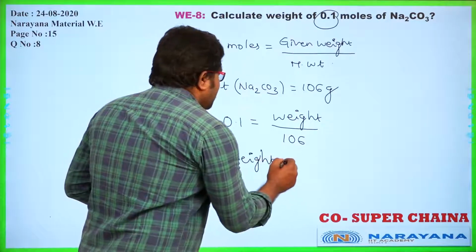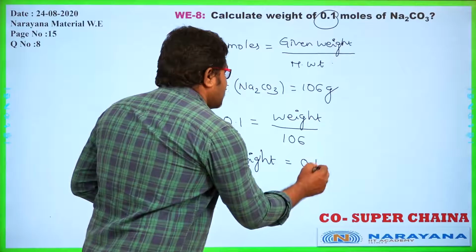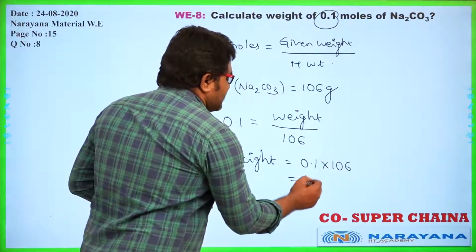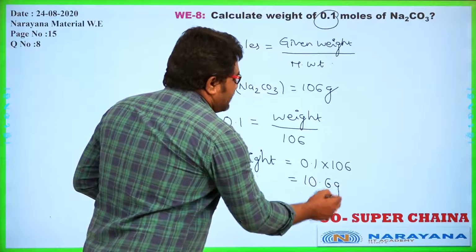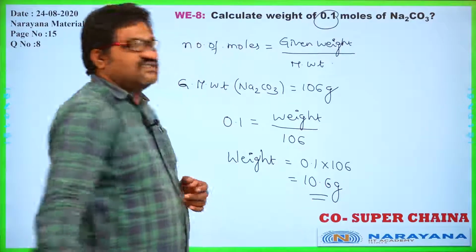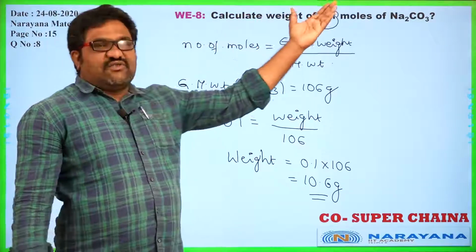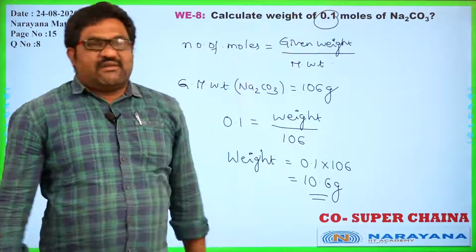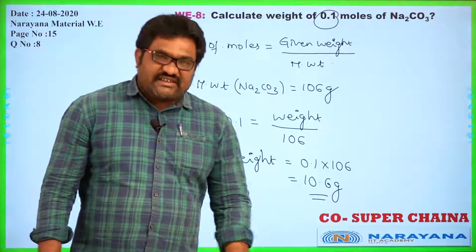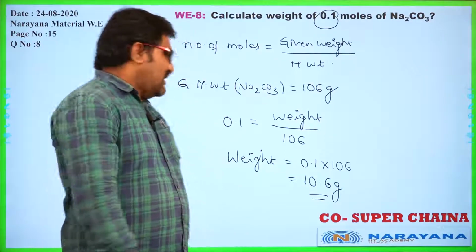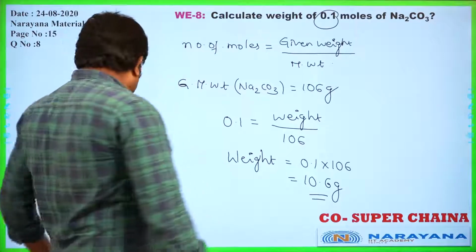The weight is equal to 0.1 into 106, that is equal to 10.6 grams. So the weight of Na2CO3 in 0.1 moles is 10.6 grams. Okay, is it clear? I'm going to the next problem.